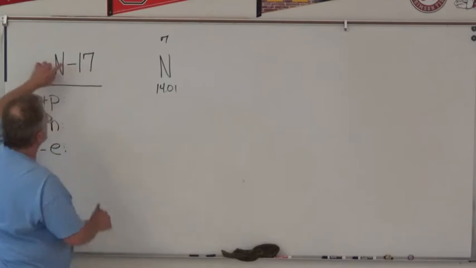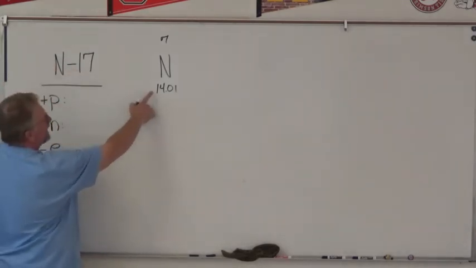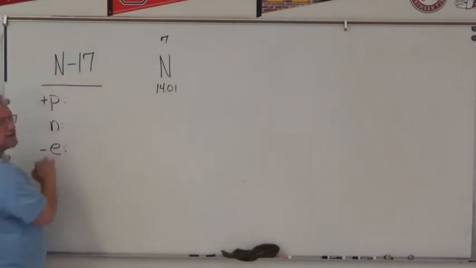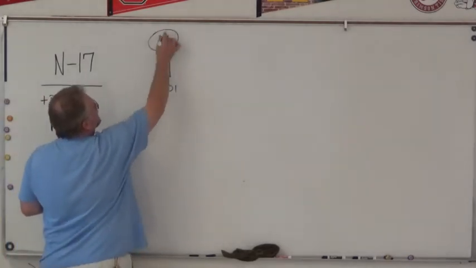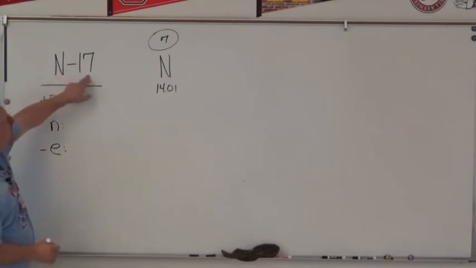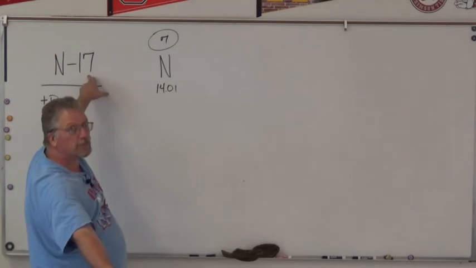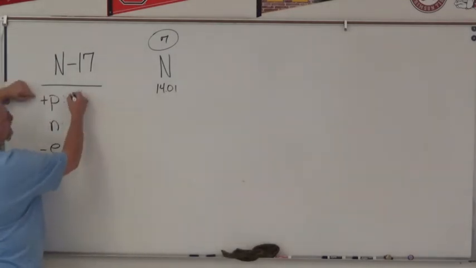But they want you to look at just the isotope nitrogen-17, not the average of all the ones out there in nature, just nitrogen-17. So what we are going to need is that right there. That tells us the number of protons. If they give this to you like this, the only way to find the number of protons is to look at the periodic table. So we look at the periodic table and it says 7.